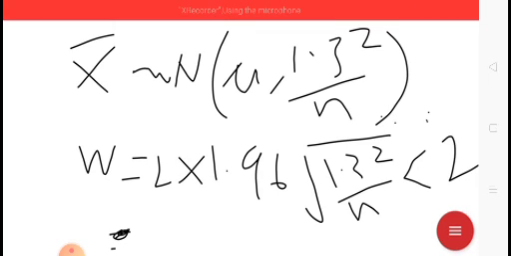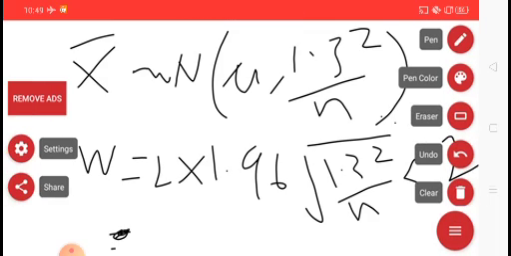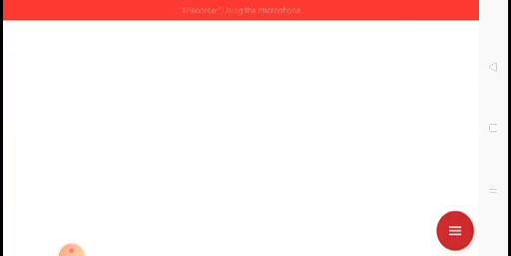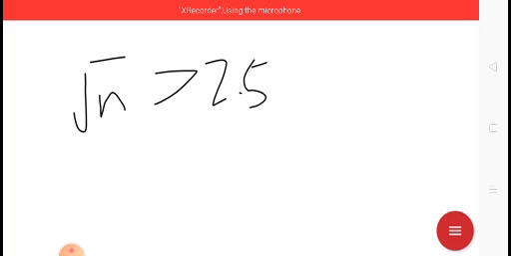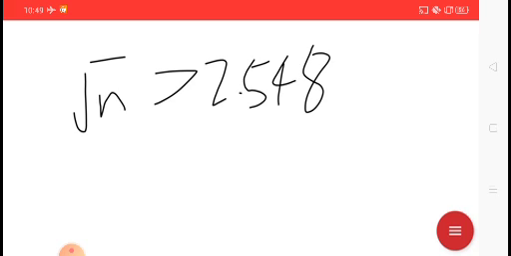By simplifying this, you get the square root of n larger than 2.548.